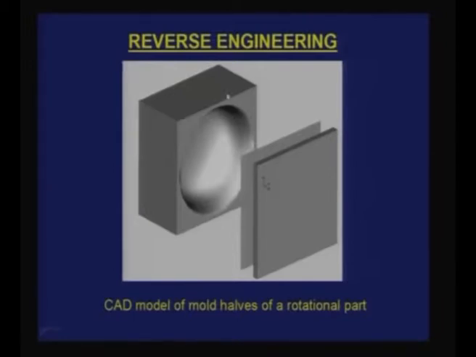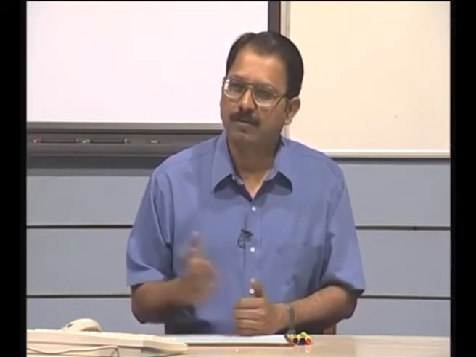So you had a physical part, then you took the point data and fit a curve. This is a very simple example, no surface fitting. It is only curve fitting and then revolving to get a surface, and then using the surface definition you are able to build, let us say, a mold. Now I can manufacture this mold and make any number of those parts.